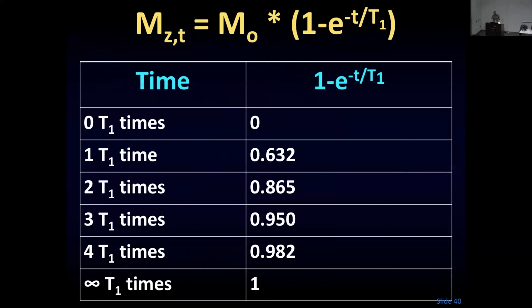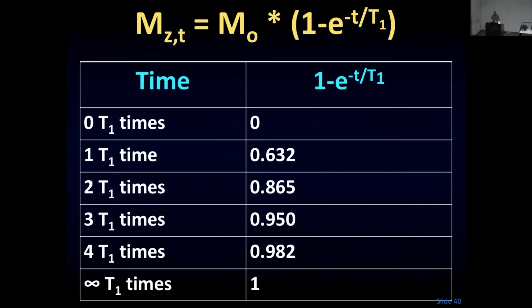Another way of looking at this is saying this. You're trying to go from 0 to 1 after an infinite amount of time. With every time constant, you get 63% closer from where you are to where you're going. So if you start out at 0, after 1 time constant, you get 63% of the way there. Once you're 63% of the way there, you now have 37% to go.